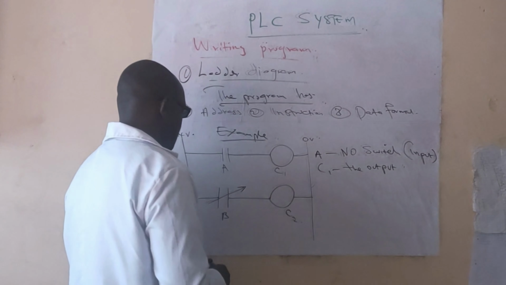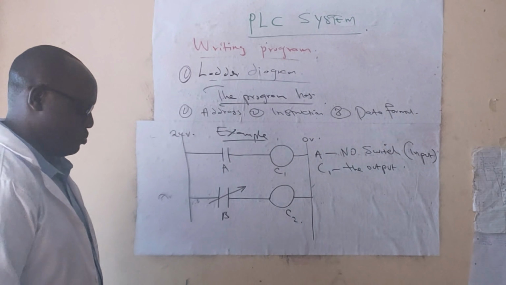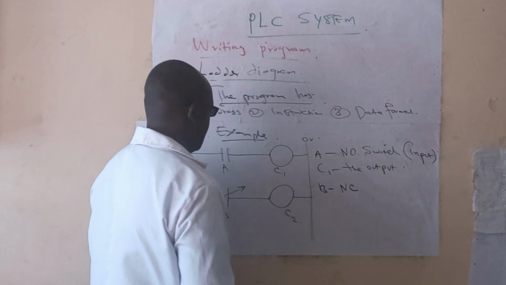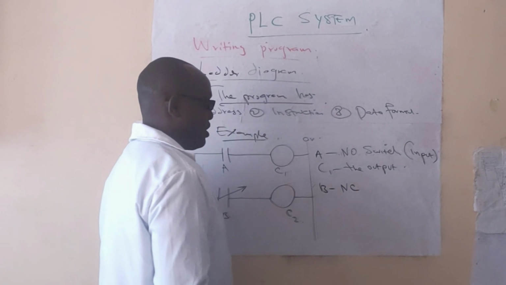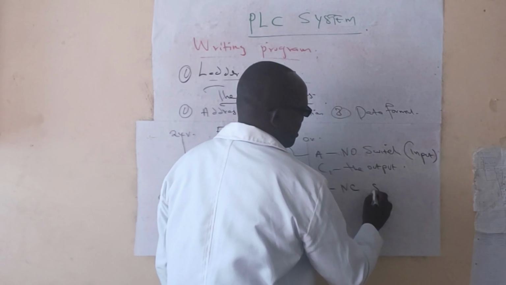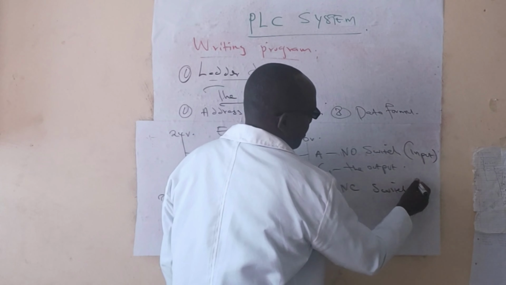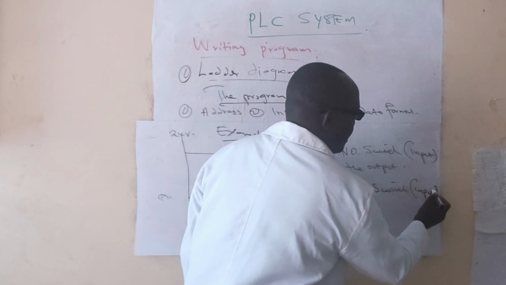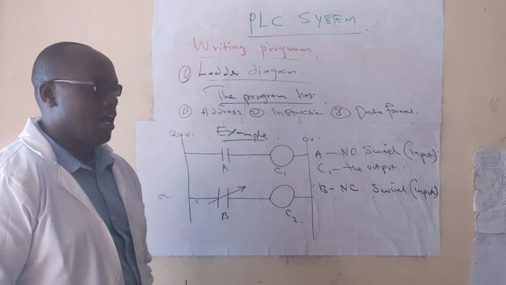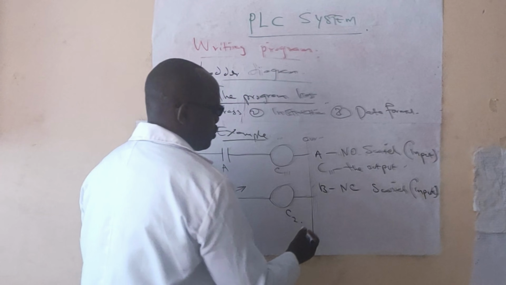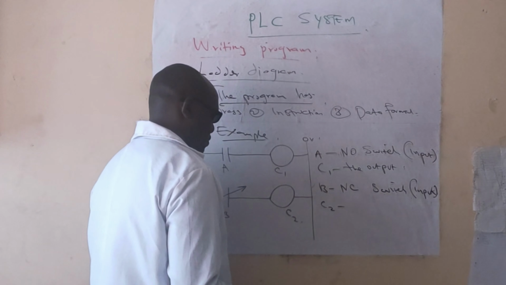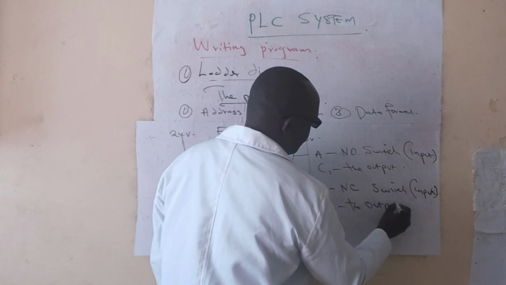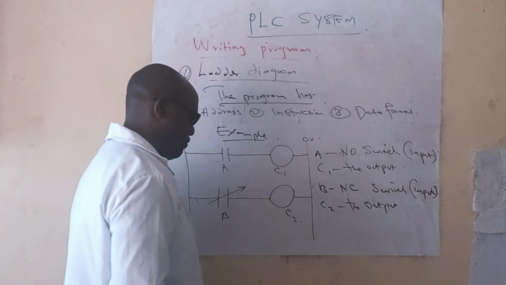Then you go to line number 2, P. This one represents normally closed, and this is a normally closed switch, which still forms the input. C2 forms the output.